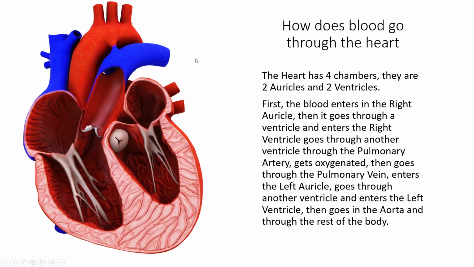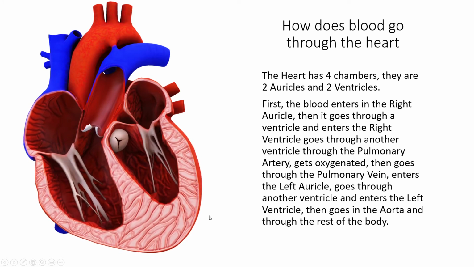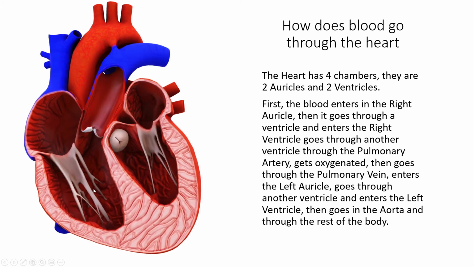And the red things next to the left auricle or atrium are the pulmonary veins. There are two pulmonary veins, okay? Also remember, the atriums are on the top and the ventricles are on the bottom, okay?